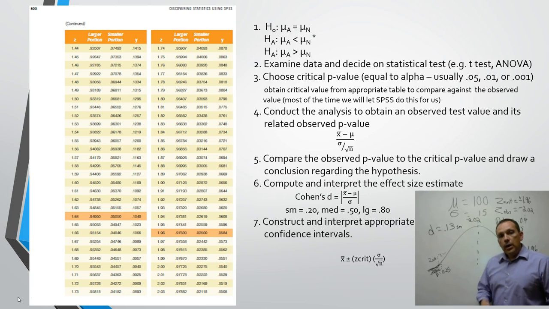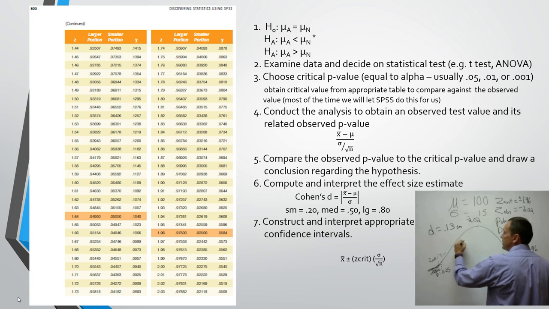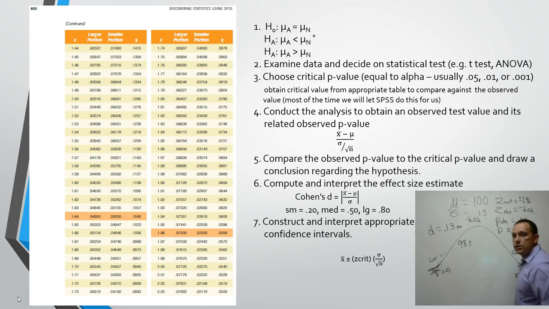Okay. And finally, the last step then is we want to construct our confidence intervals and interpret them. Okay, so here is our value. Again, let's look at the formula, and I'm going to put it inside here. So our mean, again, is 98, and that's going to be plus or minus our Z critical, which we said was 1.96.